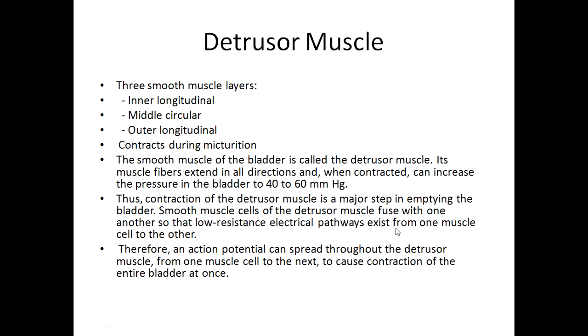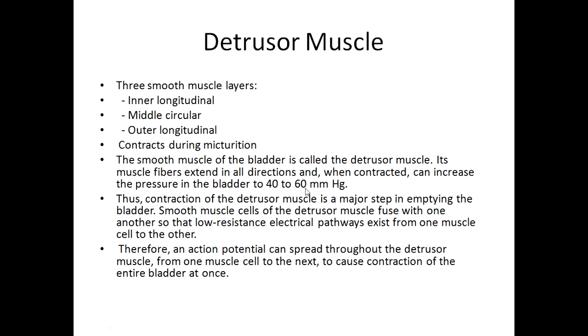So any action potential developed in one area will rapidly spread to the entire muscle and contraction will occur. Therefore, an action potential can spread throughout the detrusor muscle from one muscle cell to the next to cause contraction of the entire bladder at once. This is very important. The muscle name is detrusor muscle, with inner longitudinal, middle circular, and outer longitudinal layers.